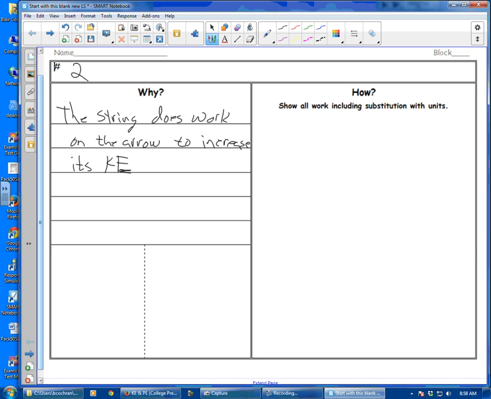I may need to show, let's see, yeah, that'd probably be good. I should probably show that I understand what work is, that work is a force through a distance. And I should probably also show that I understand that kinetic energy is the energy of motion.